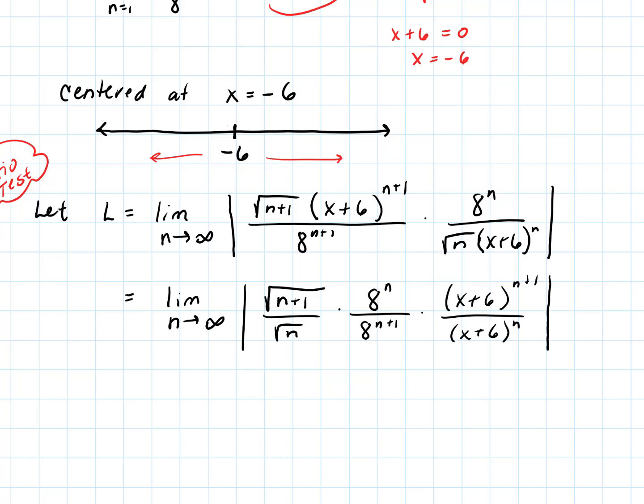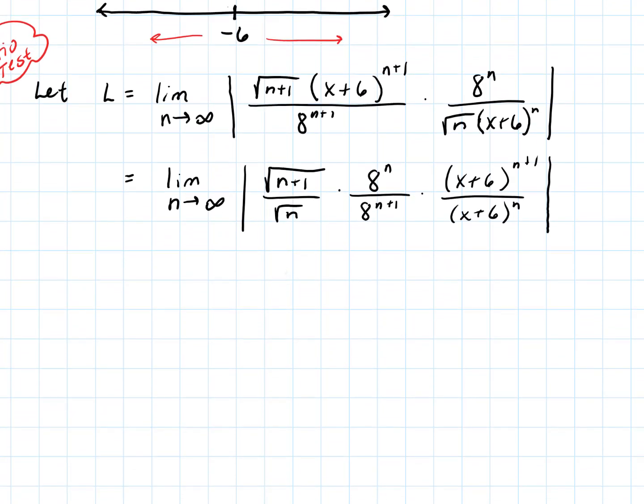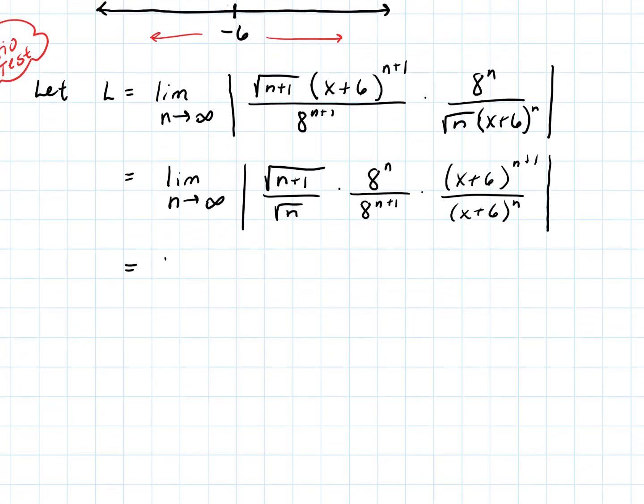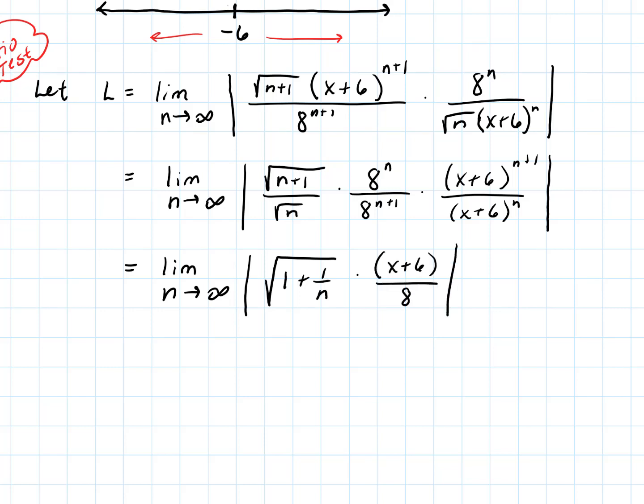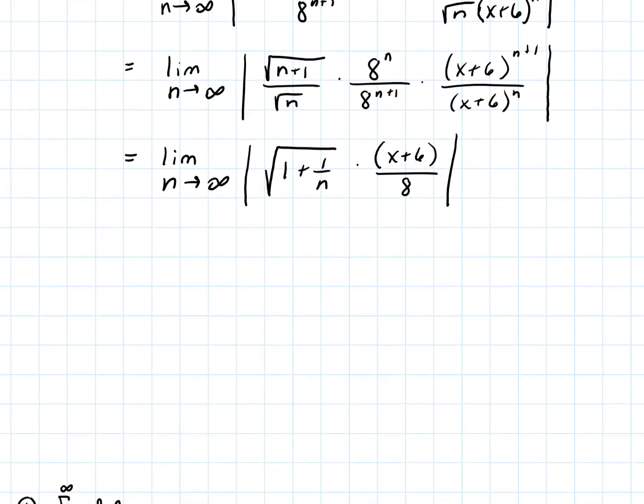Now you don't have to write this step, I'm just showing this so that you can see the canceling directly in ratio form. You could jump right to this next step where we have the absolute value of the square root of 1 plus 1 over n times 1 over 8 times x plus 6, or x plus 6 over the 8. This is all in absolute value.